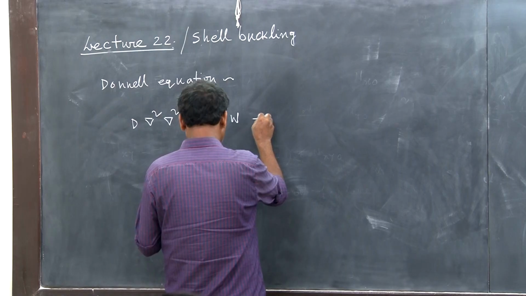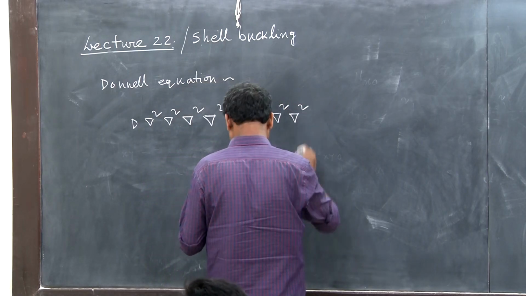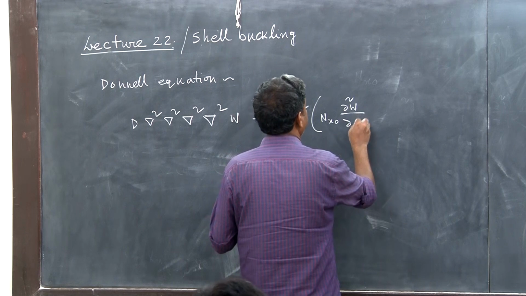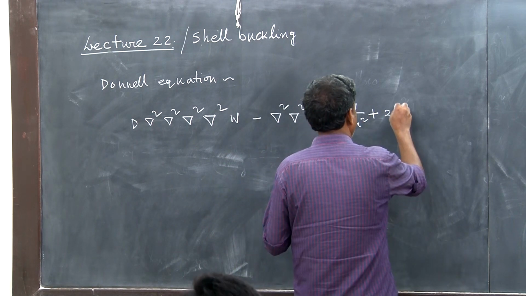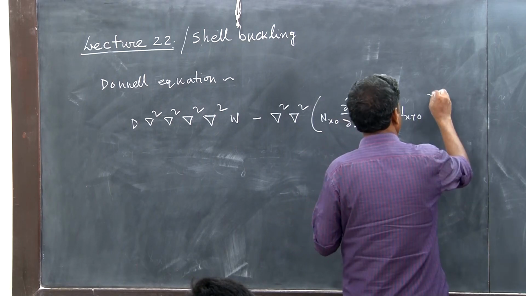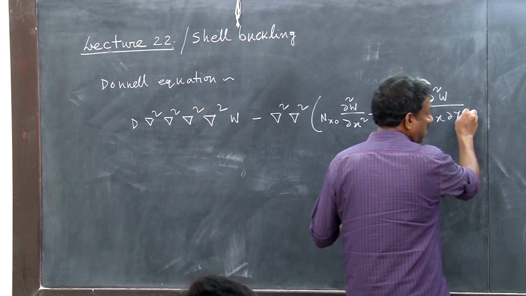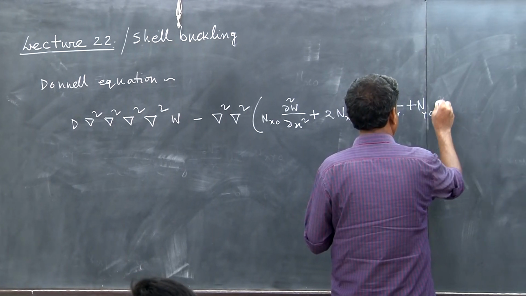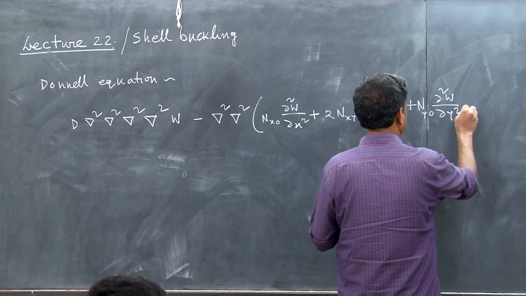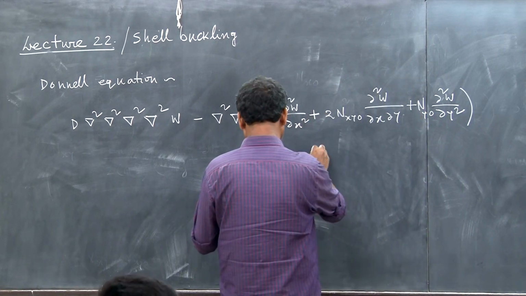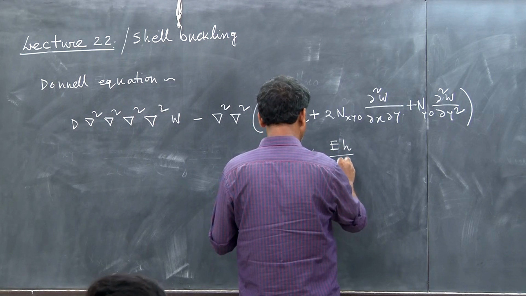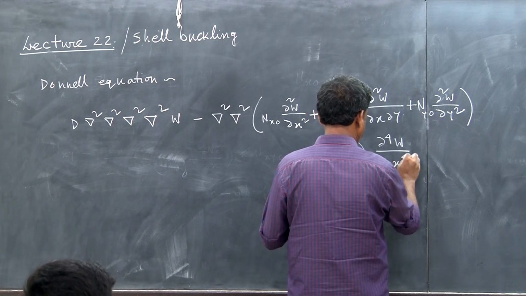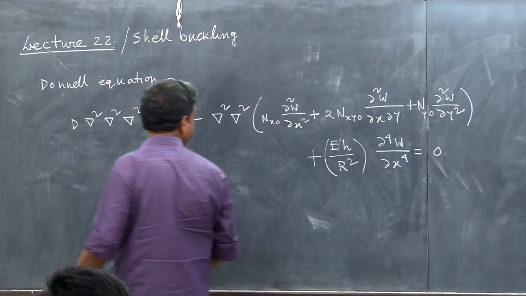W minus nabla square ... you see, this is the equation ultimately.